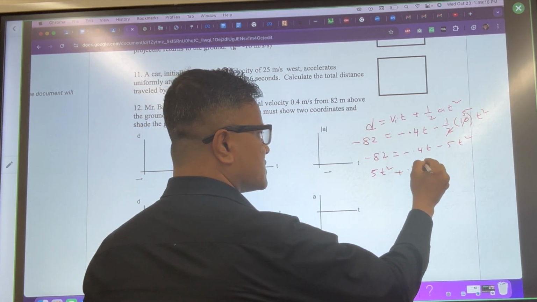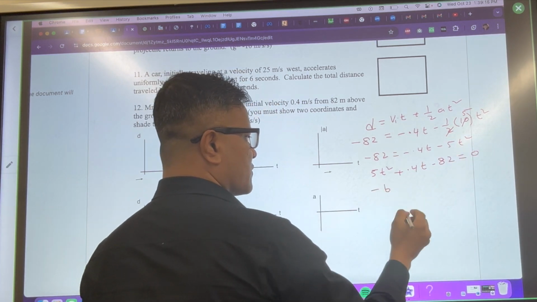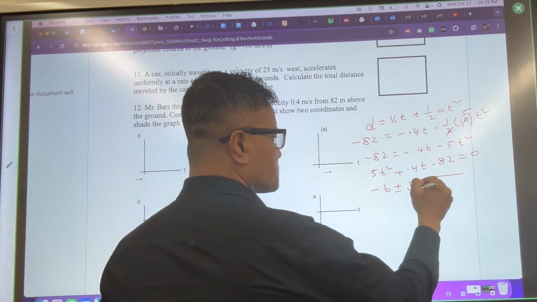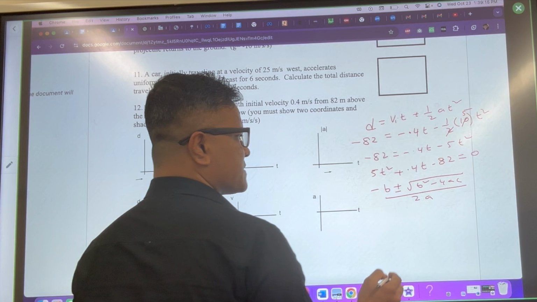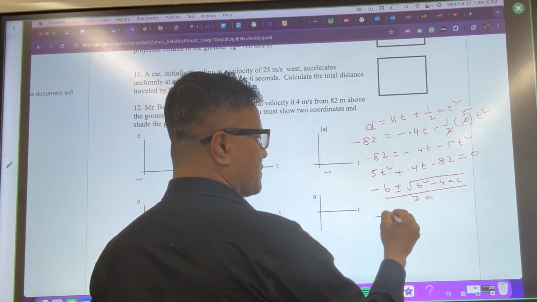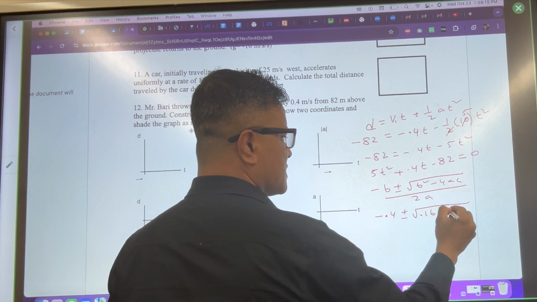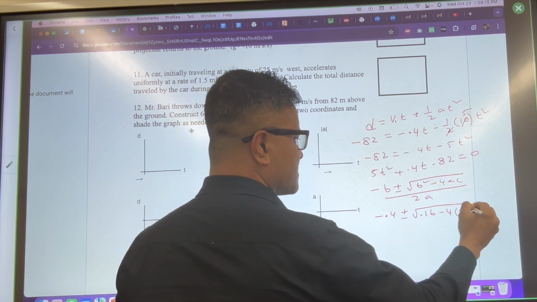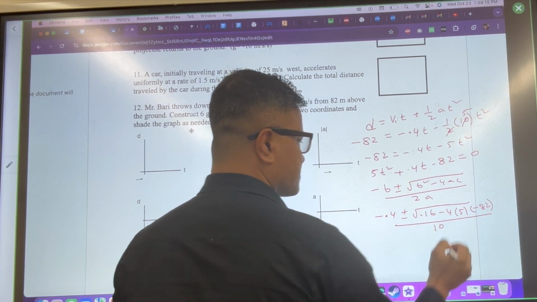So 5 t squared plus 0.4 t minus 82 is equal to 0. Quadratic formula: minus b, so minus 0.4 plus or minus the square root of 0.4 squared, which is 0.16, minus 4 times 5 times negative 82, over 10.